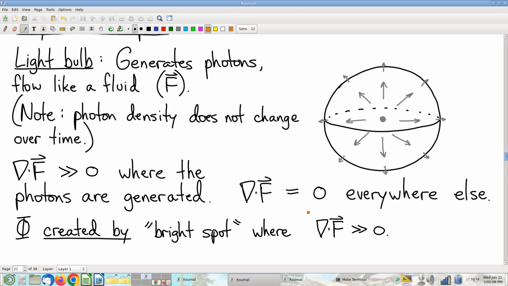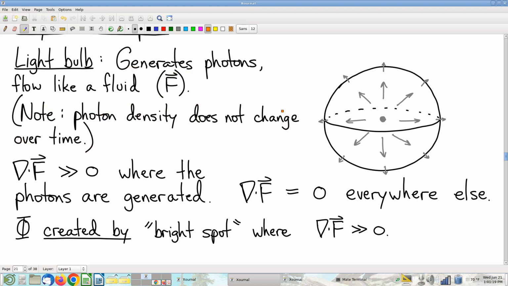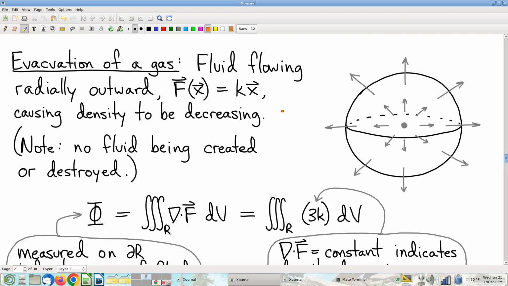Now again, let me remind you, this is a fluid that is generated, but where density doesn't change. Now I want to talk about the exact opposite kind of fluid. Here's my scenario. Suppose we have a balloon, basically, and there's a certain amount of gas in the balloon. I don't know how much high school physics y'all have had, but here's a certain reality of gases: if you increase the temperature, the gas expands, right?